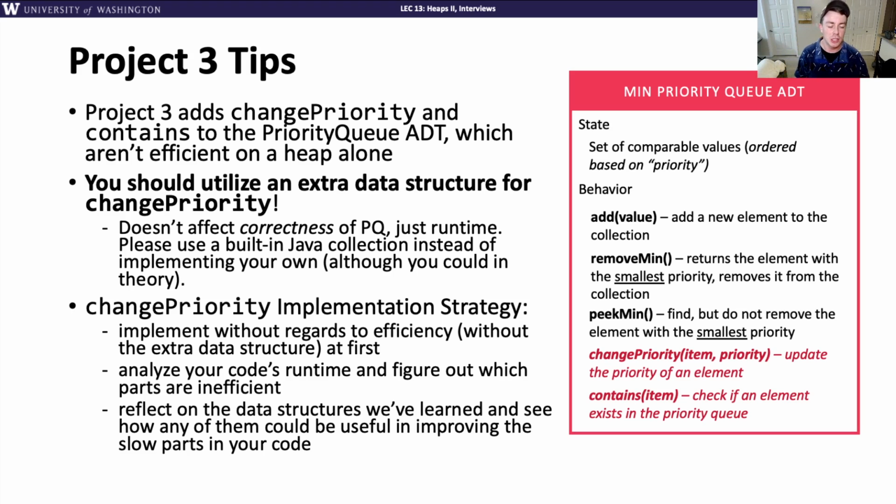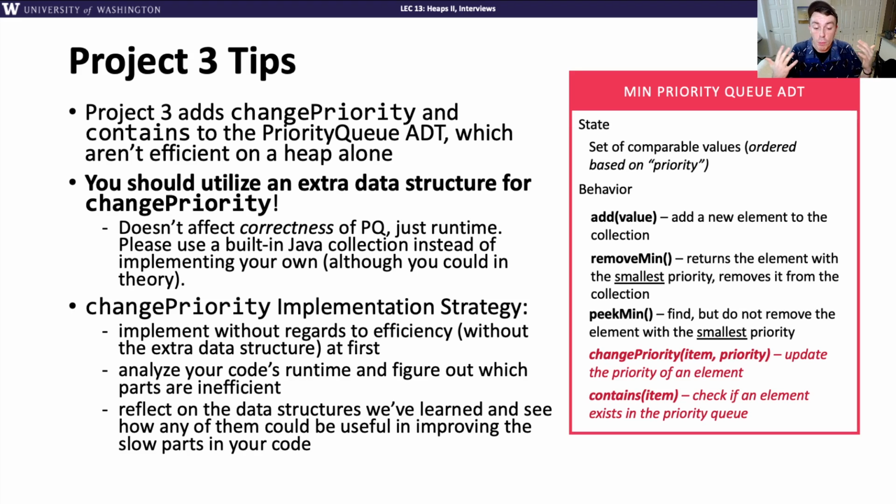But one thing I want to mention is probably one of the places you're going to struggle the most on this assignment is this change priority function, because it's actually a little tricky to implement. So I wanted to highlight this. It is going to be totally fine for you to use extra data structures internally to help you implement this change priority. You'll see that the change priority with just our array is going to be a little inefficient. And so we're going to actually want you to maybe make it faster.